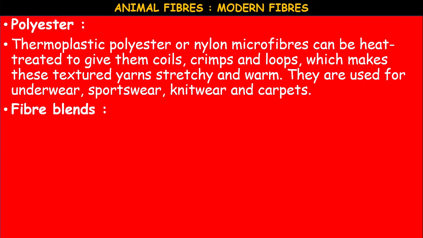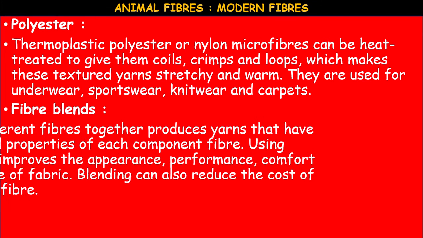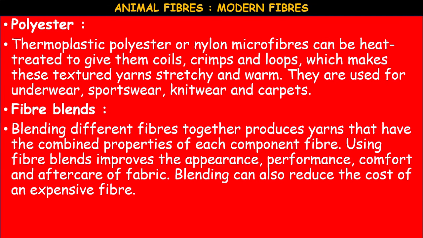Next, fiber blends. Blending different fibers together produces yarns that have the combined properties of each component fiber. Using fiber blends improves the appearance, performance, comfort and aftercare of fabric.